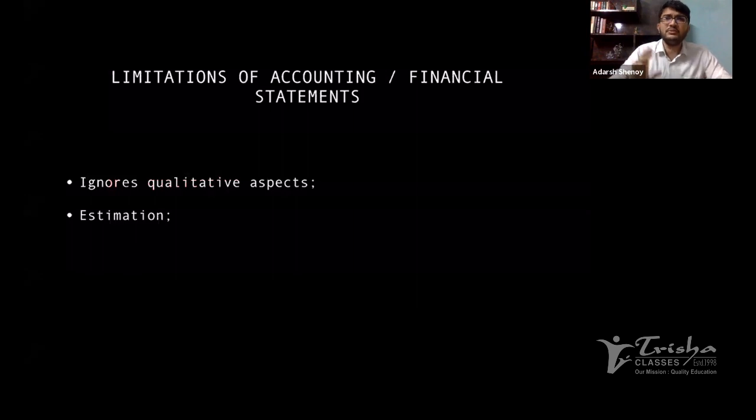You make an approximation. But estimations are not supposed to be accurate. They are not accurate, so they give you inaccurate data at times. That means accounting is not very accurate either. It doesn't give you pinpoint precision in whatever it says. There is some level of estimation involved in accounting.